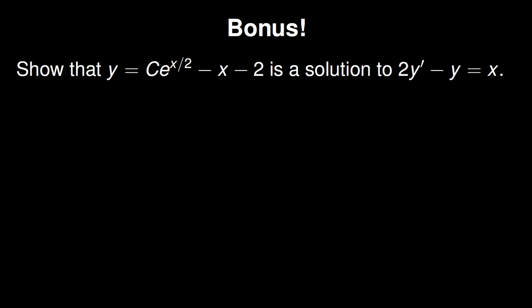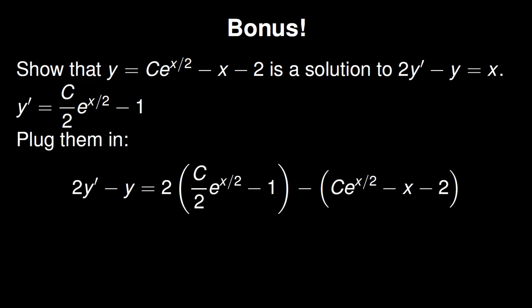So really quickly, I wanted to show you that in fact, this family is indeed a collection of solutions. So what do we do? Well, we start off by finding its derivative. And the derivative of c times e to the x over 2 is c over 2 times e to the x over 2 minus 1 minus 0, right? The derivative of x is 1, the derivative of 2 is 0. When we plug these in, then 2y prime minus y becomes 2 times this derivative quantity minus the original function.